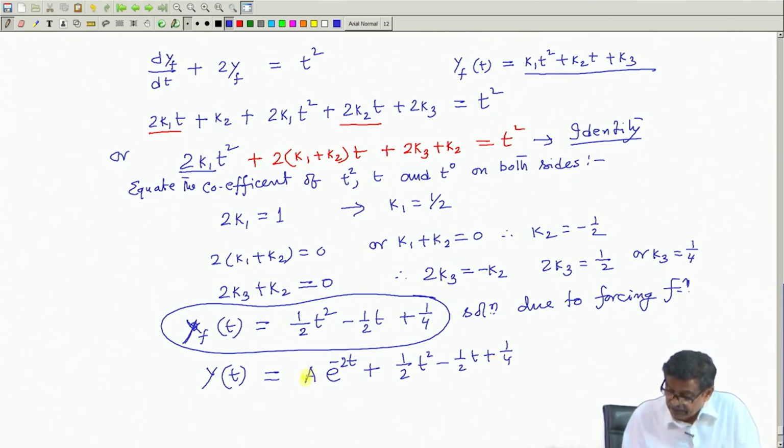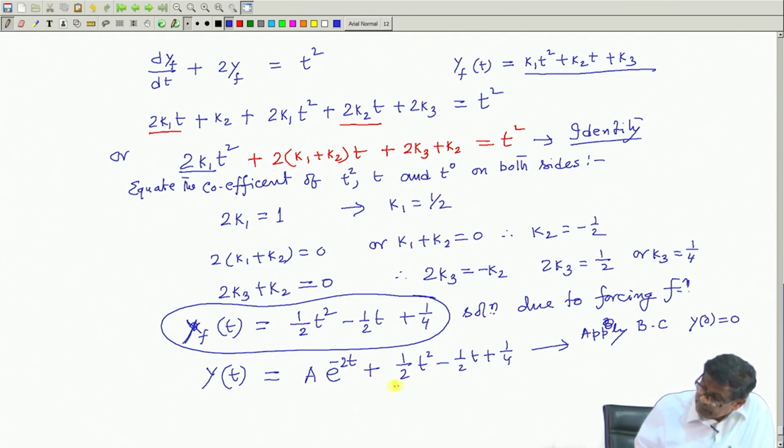To find out this constant, now apply the boundary condition. What is the boundary condition given? The boundary condition is to be applied to the total solution, mind you. So, apply the boundary condition, which is given to be y(0) is equal to 0.